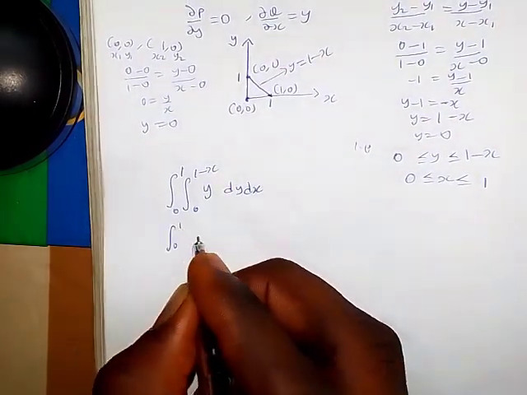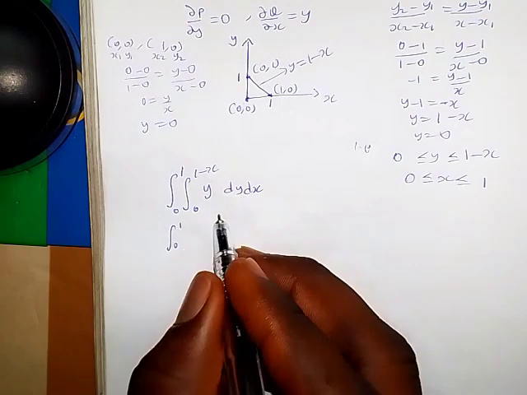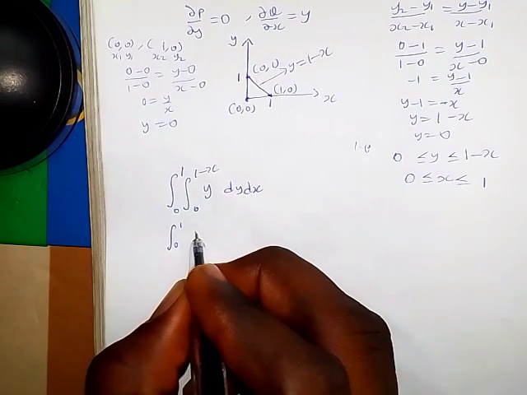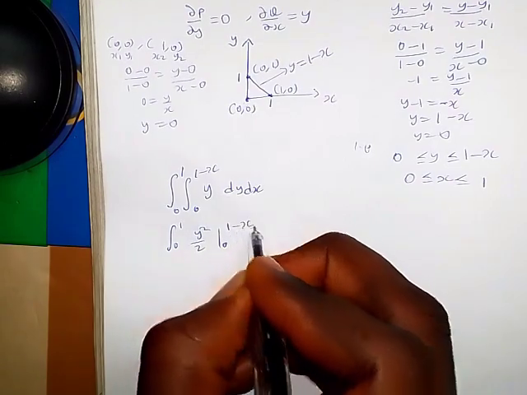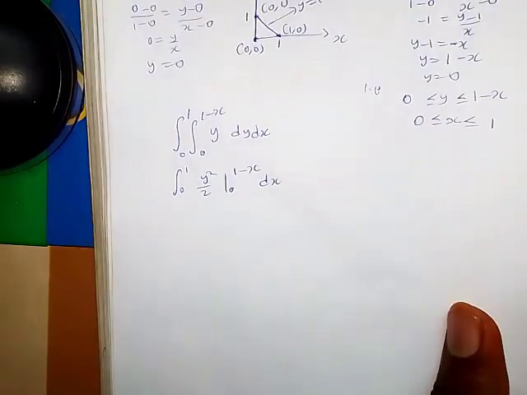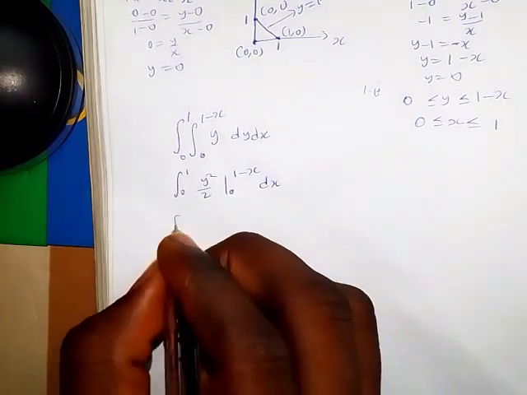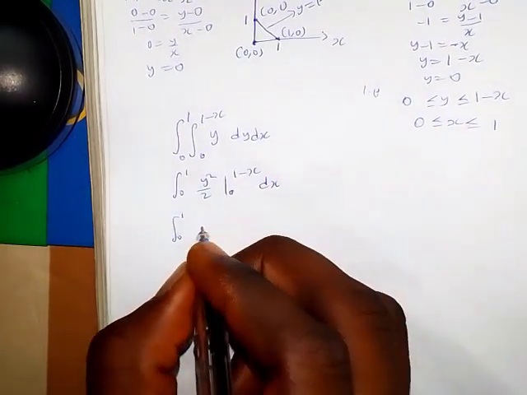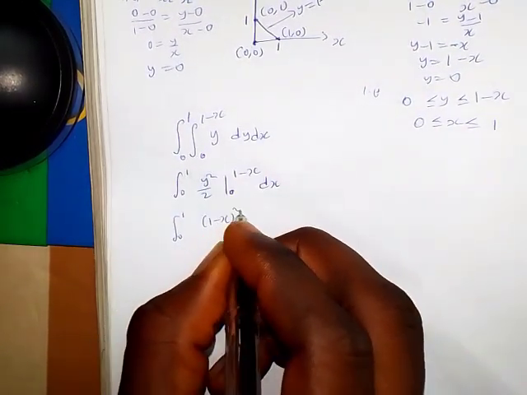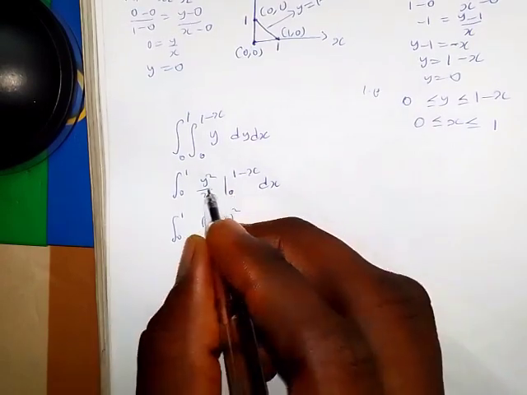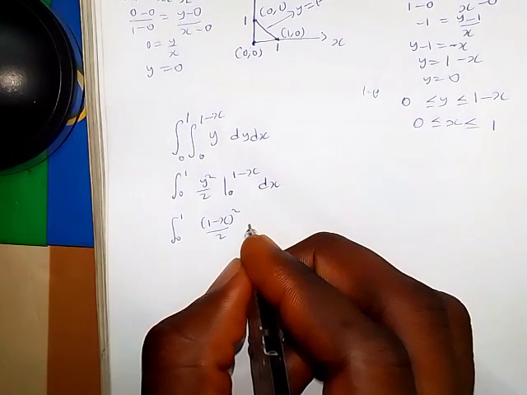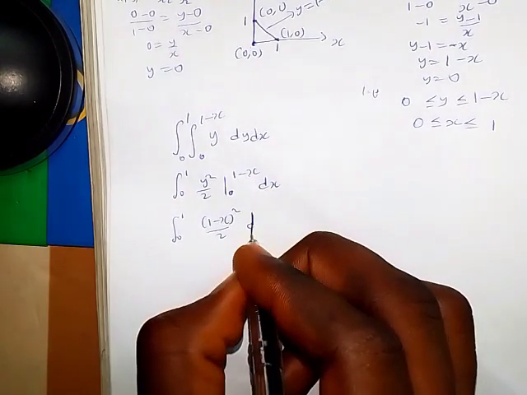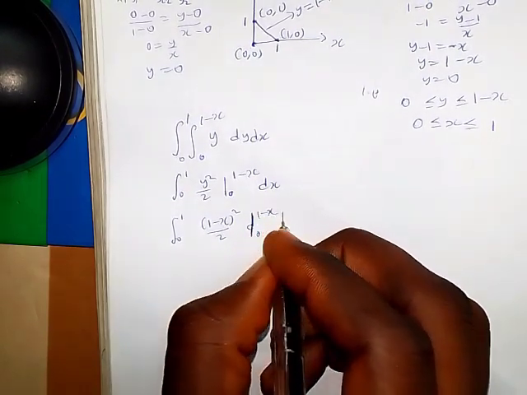We have the integral from 0 to 1; integrating with respect to y, we have y squared over 2 evaluated from 0 to 1 minus x, dx. Plugging in, we have (1 minus x) all squared over 2; plugging in 0, it just vanishes.